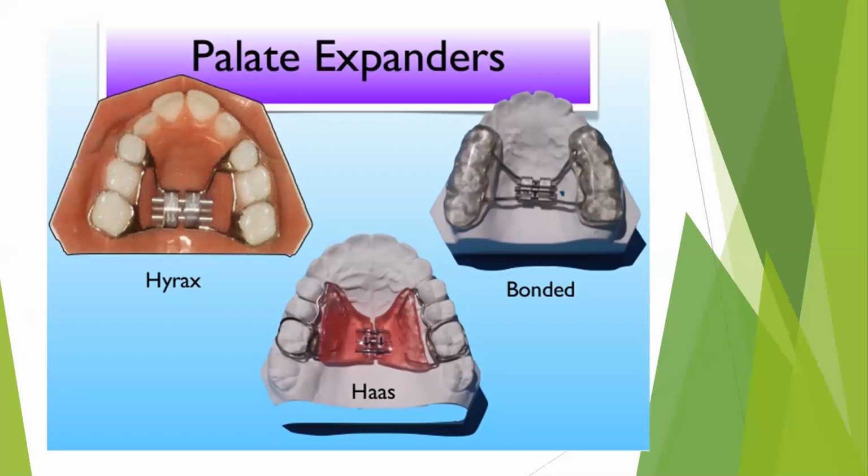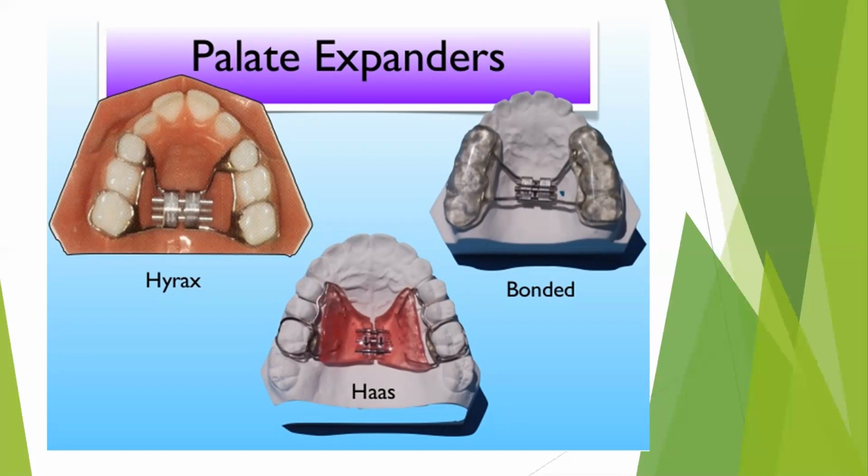You have a Hyrax, a bonded Hyrax appliance, and the Haas. The Hyrax is a fixed appliance that's cemented in the mouth. You have a bonded Hyrax that has an occlusal plane that opens the bite of the patient, and this will many times help expand the jawbone faster.